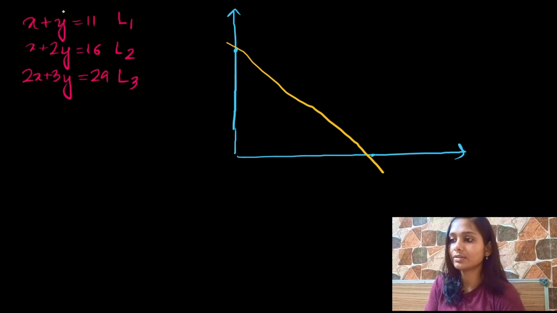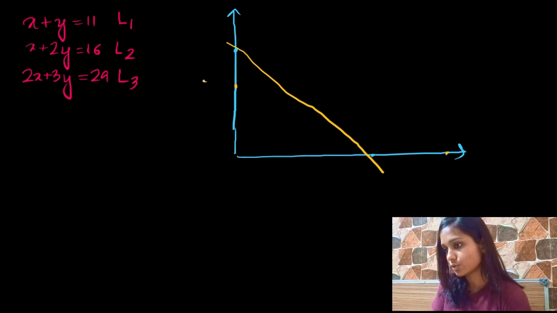Another one is x plus 2y equals 16. In this case, x intercept is 16 and y intercept is 8. So it will be like this.